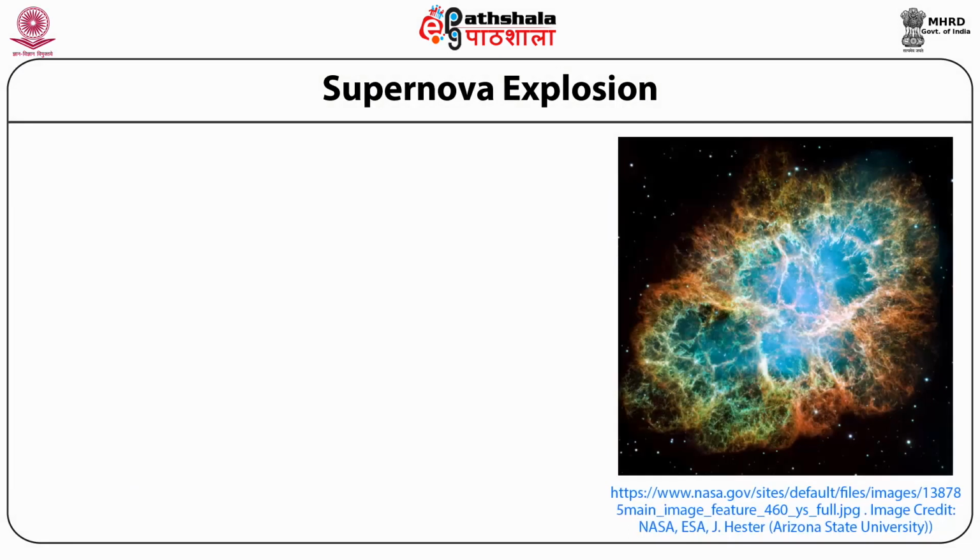Supernova explosion. Novas are different from supernovas. In contrast to a nova, a supernova is an extremely violent event. The latter involves a gigantic explosion of a whole star when it is dying, having exhausted all its nuclear energy sources.